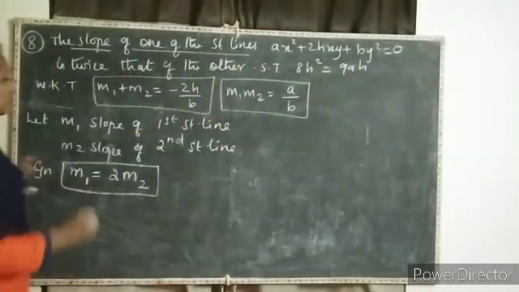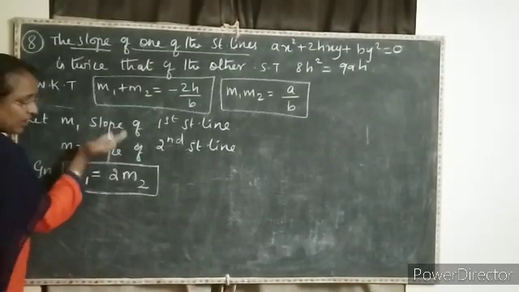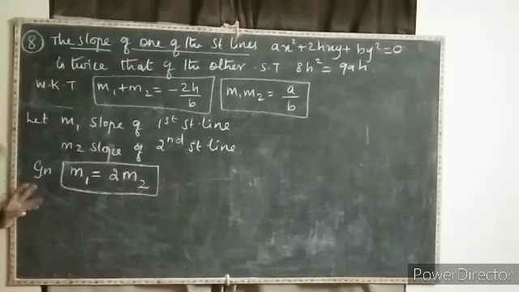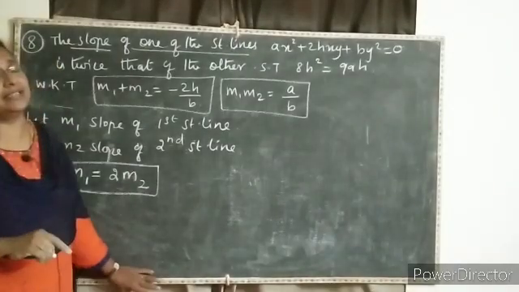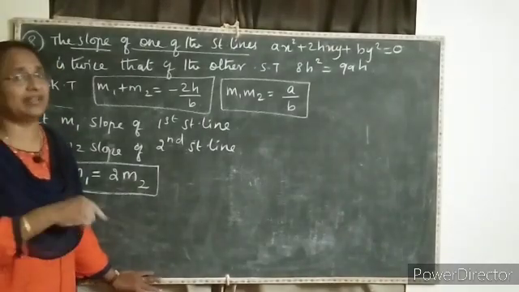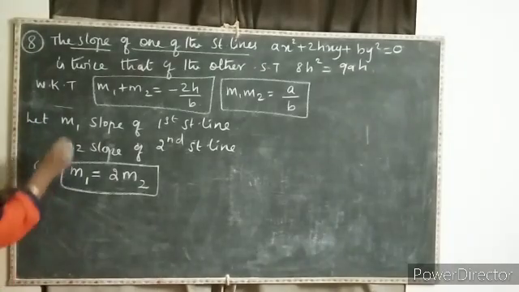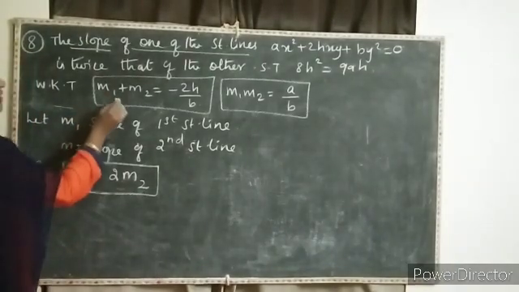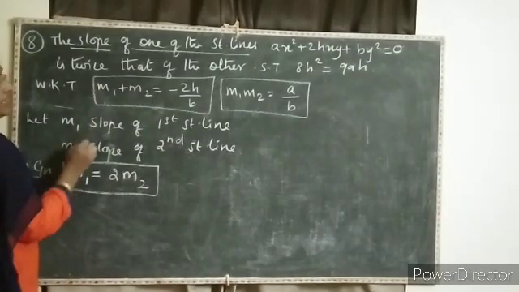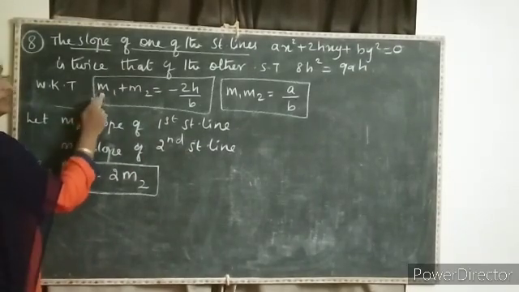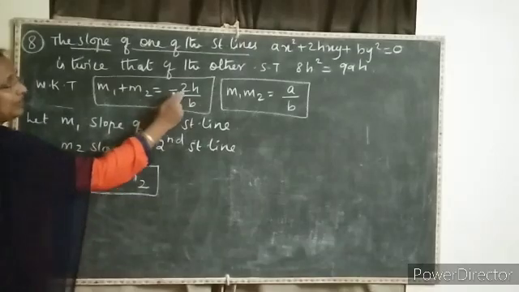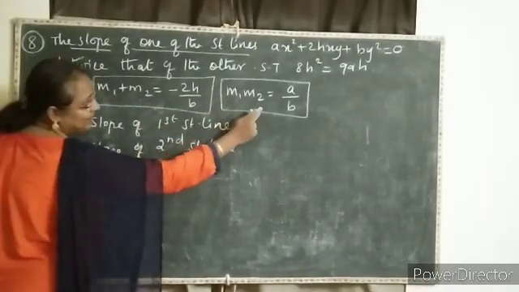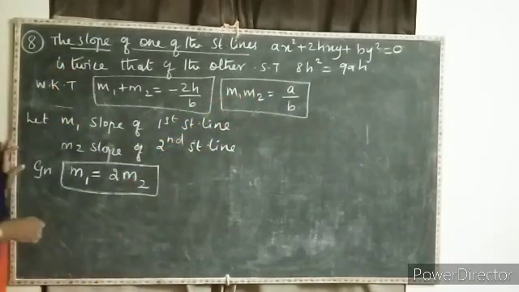Now since the slopes are involved in this pair of straight line equation, what we discussed in the very first concept of the introduction class, we are going to use the slopes concepts. That is, we know that m1 plus m2 is equal to minus 2h divided by b, and m1 into m2 is equal to a divided by b.